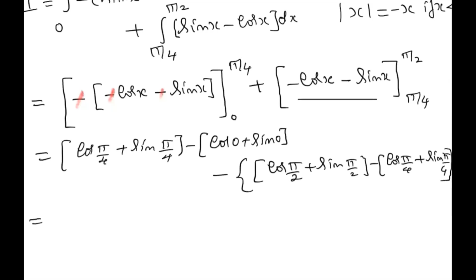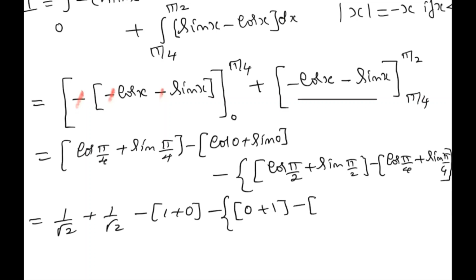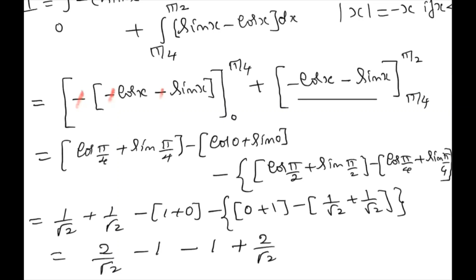So now this becomes 1 by root 2 plus 1 by root 2, minus of cos 0 is 1, sin 0 is 0, minus of cos pi by 2 is 0, sin pi by 2 is 1, minus cos pi by 4 is 1 by root 2, plus sin pi by 4 is also 1 by root 2. This becomes 2 upon root 2 minus 1, minus 1, minus into minus plus 2 upon root 2.